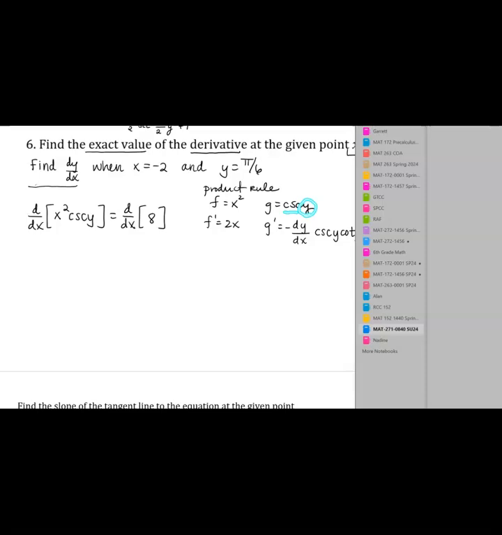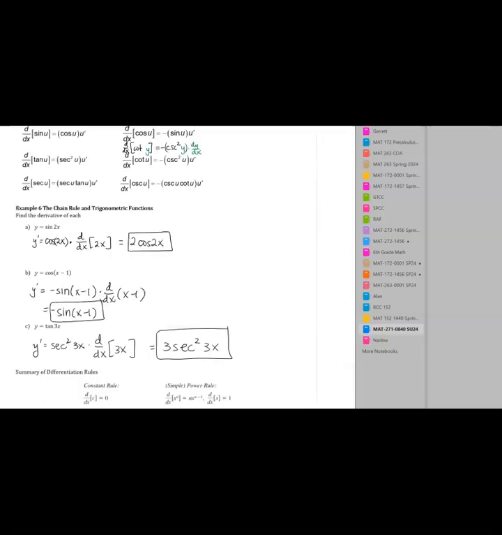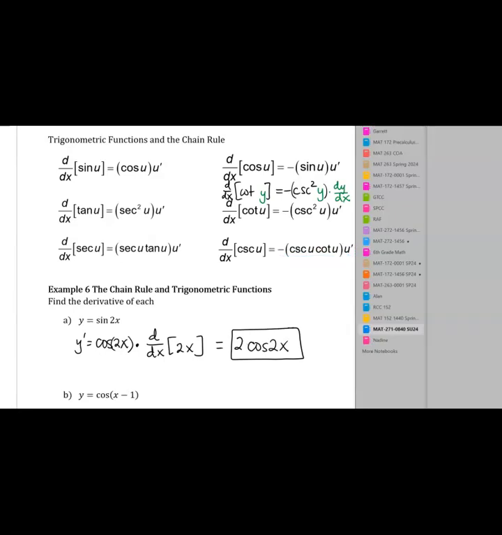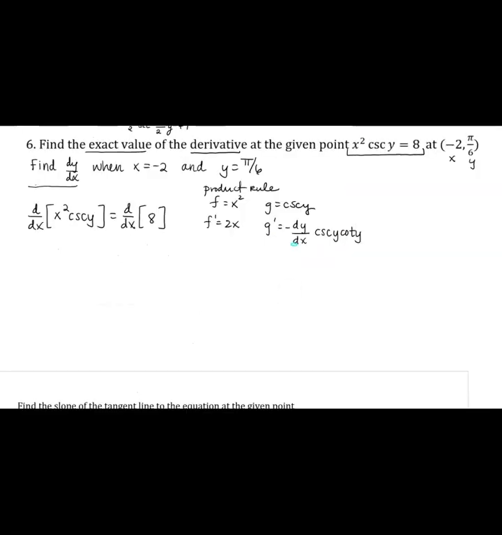So we learned in section 2.4 that if it's not x on the inside, if it's some other function, say of u, the derivative is still negative cosecant cotangent, but you also pick up this u prime on the outside. And so that is where we get this dy dx from, because we still have the negative cosecant cotangent, but we also need to multiply by the derivative of y.